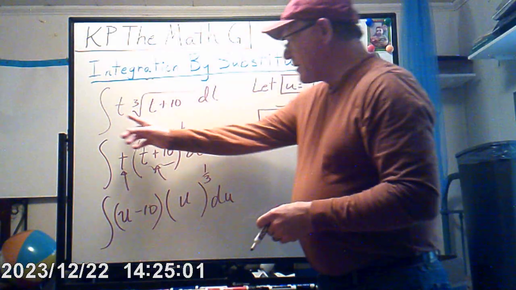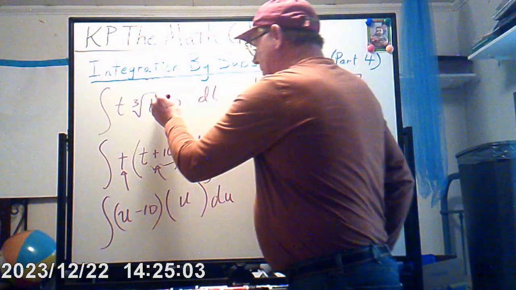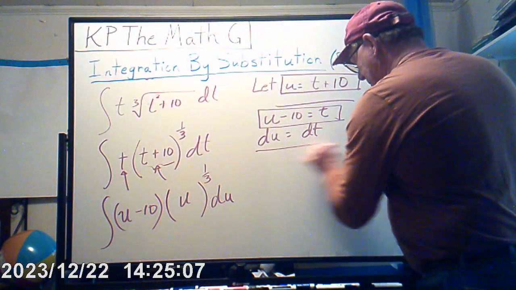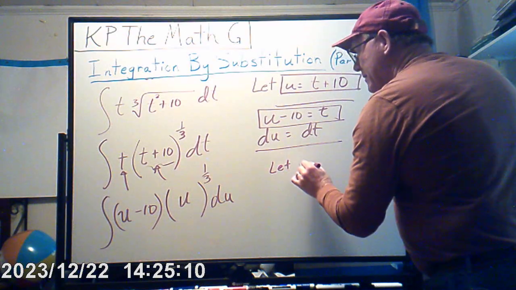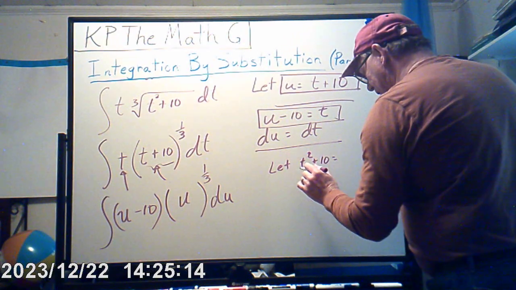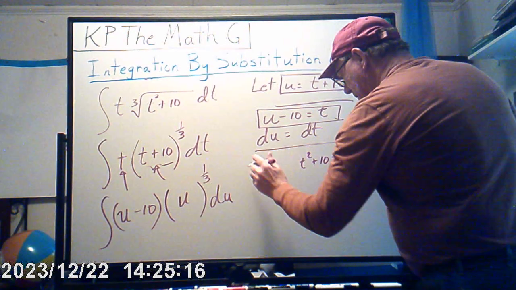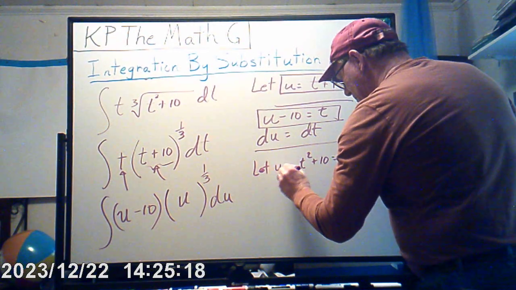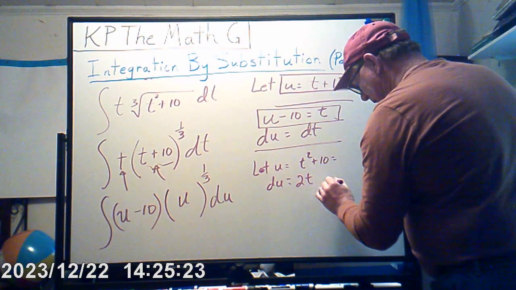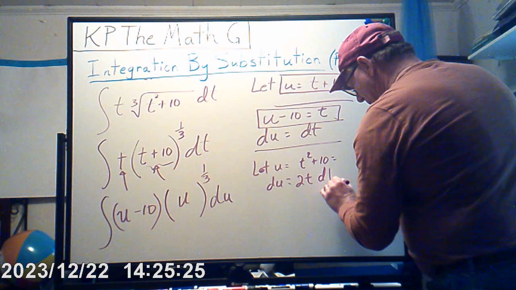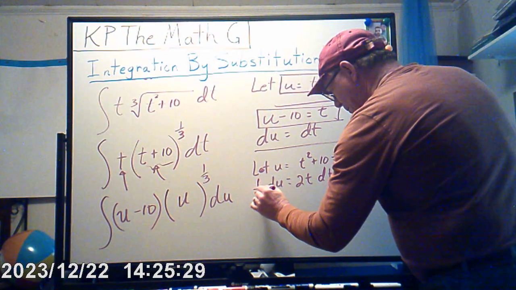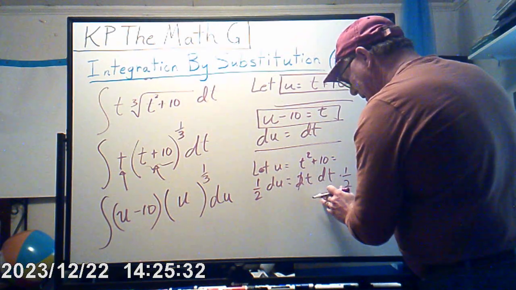Now, when you see this situation, had this been a square here, we could say let u be equal to t squared plus 10, then du is equal to 2t dt, and if we multiply by 1/2, we would have 1/2 du is t dt.